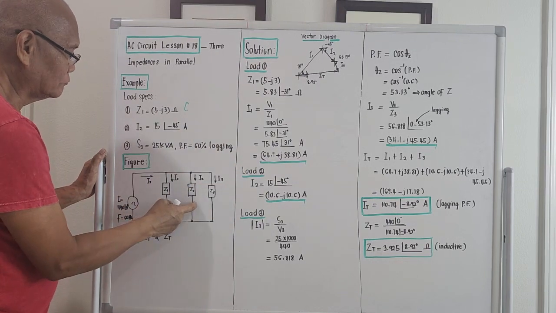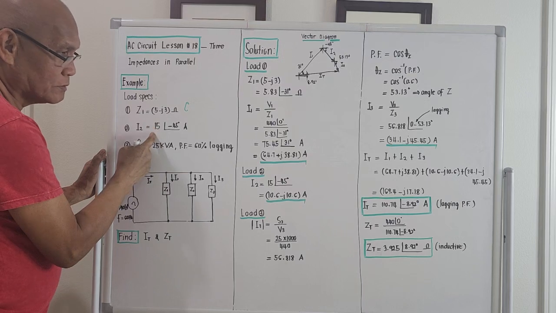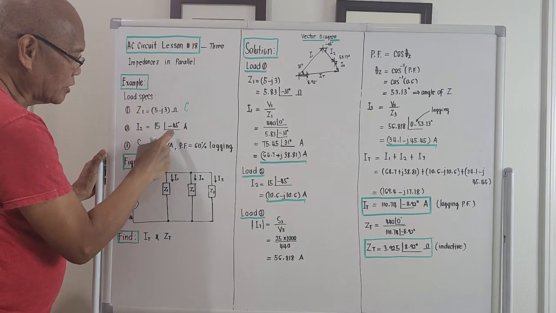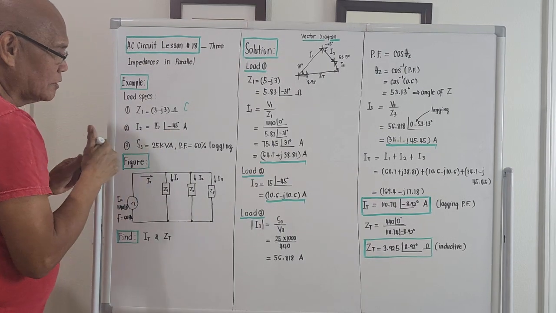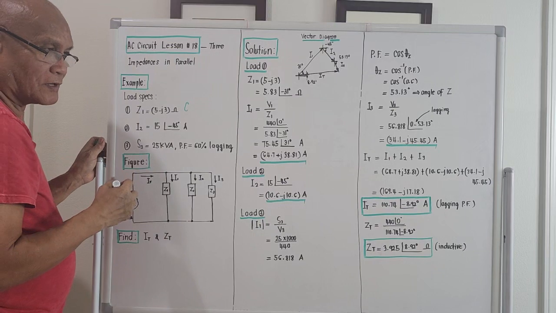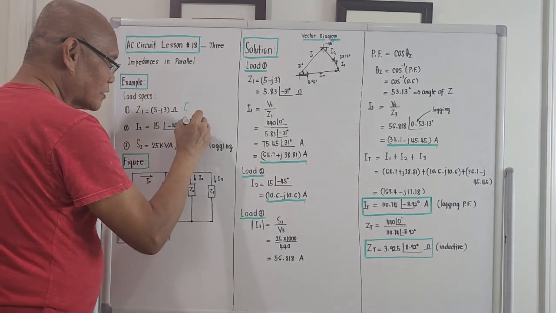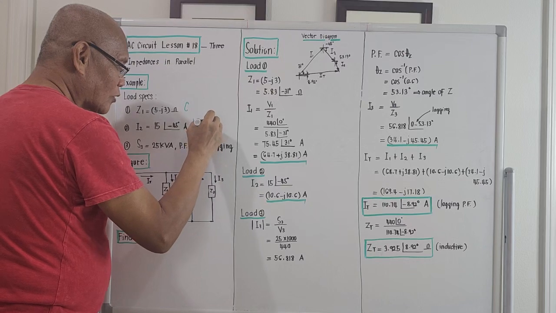The magnitude is 15 amperes, and the angle is negative 45 degrees. If the current is lagging, this should be an inductive load. It's a coil or a motor load maybe.